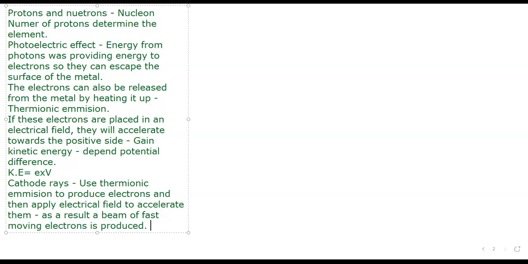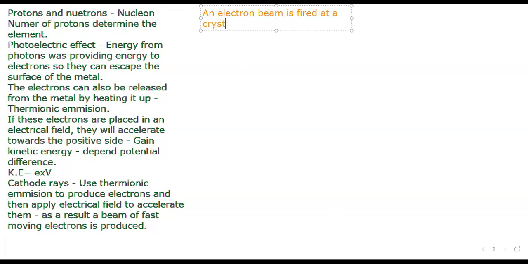Now, when we talk about electrons, we actually will see something quite interesting. If I take an electron beam and I fire it at a crystal, a normal crystal, I will see that it will produce a scattering pattern.